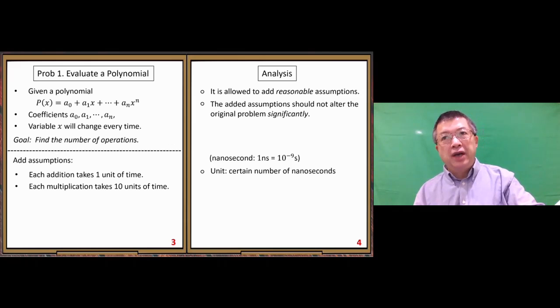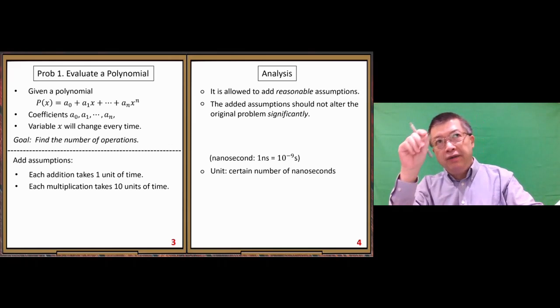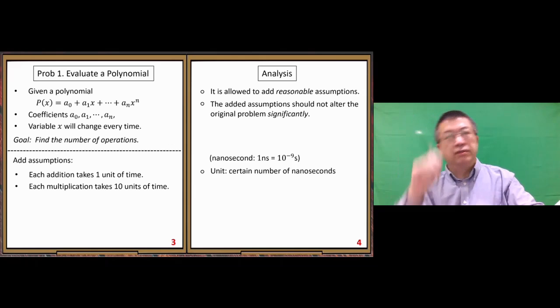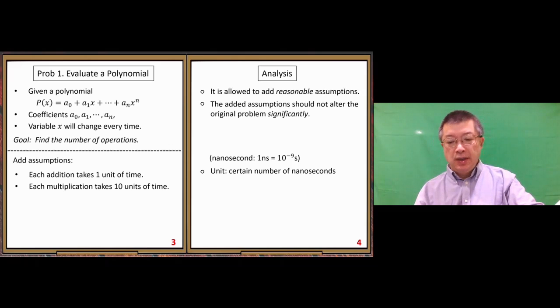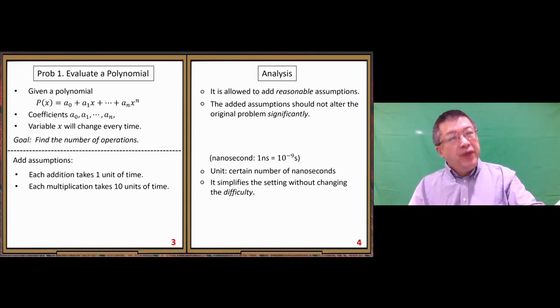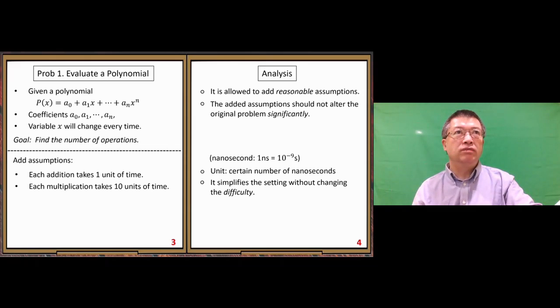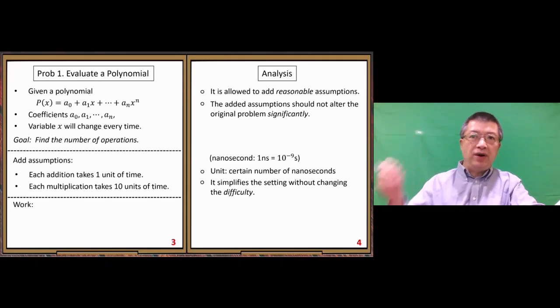And this nanosecond, I hope you know it, 1 nanosecond equals 10 to the negative 9th of a second, in other words, 1 billionth of a second. With these two assumptions, it simplifies the whole setting without changing the difficulty of the problem. So I think we didn't alter the original problem. We solved the same problem. All right. Now let's do the work.